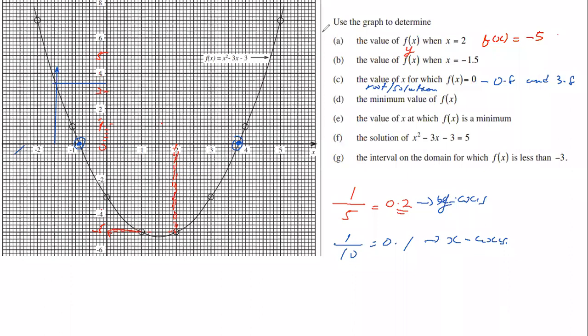On the y-axis, it passed the first line but never reached the second line yet. It's in between. So negative 5.3.